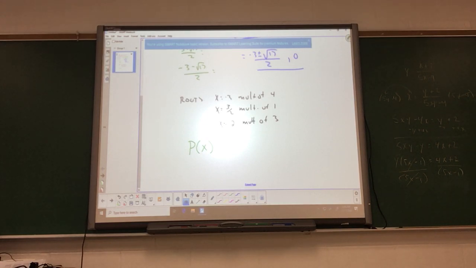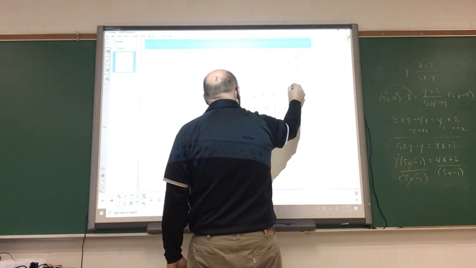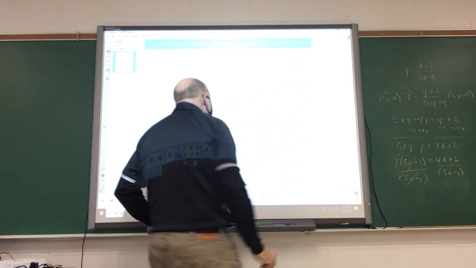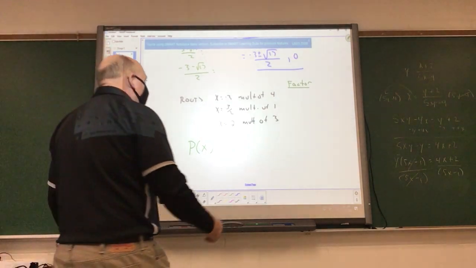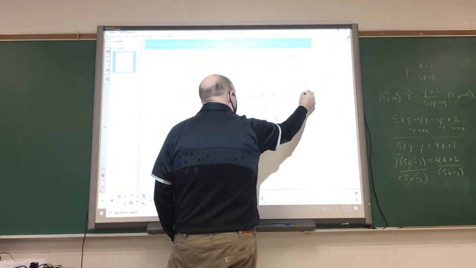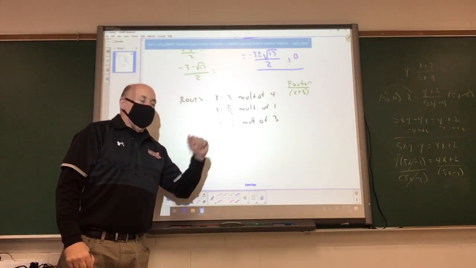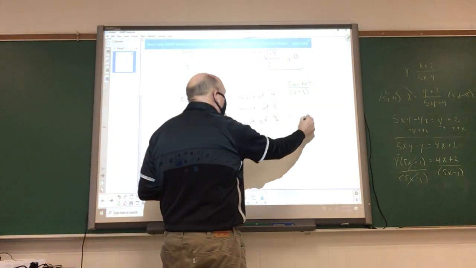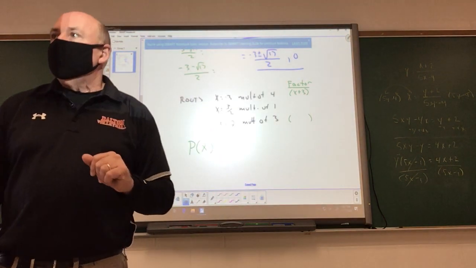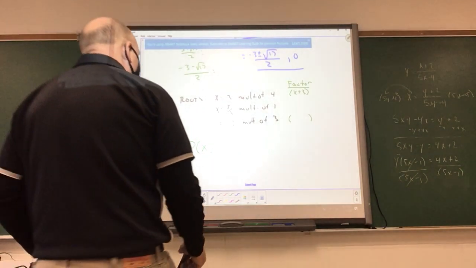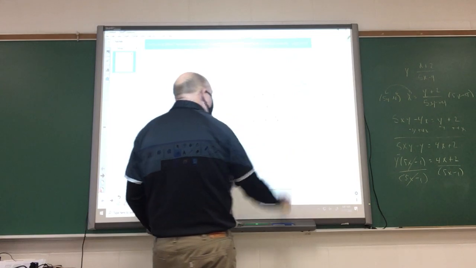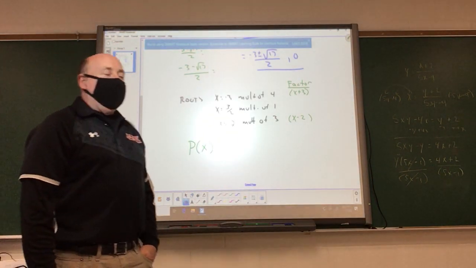Well, this goes back to what we've talked about before. X equals -3 is the root. What would be the factor? X plus 3. X equals 2 is the root. What would be the factor? X minus 2. Okay, those are the two easy ones. X equals 3/2.